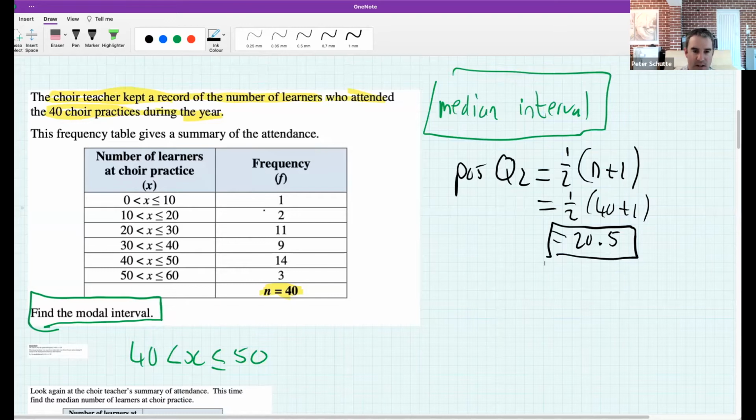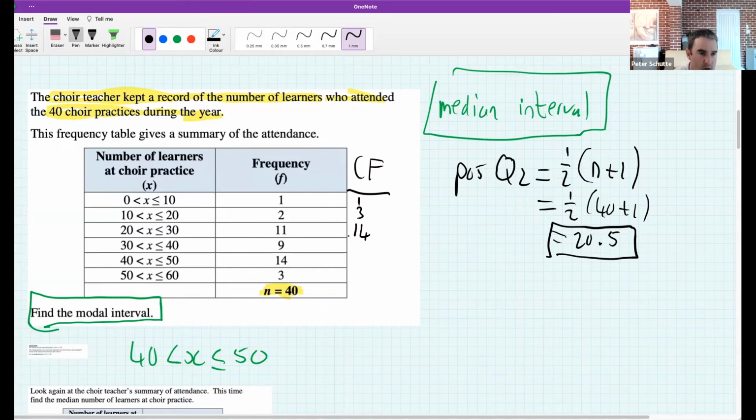Which interval is around 20.5? So you could count it by the frequencies and go, okay, well, there's one in that thing. Then if I add 2 more, I get 3. If I add 11 more, I get 14. But I'm going to just add a column for cumulative frequency. It's just easier for my brain.